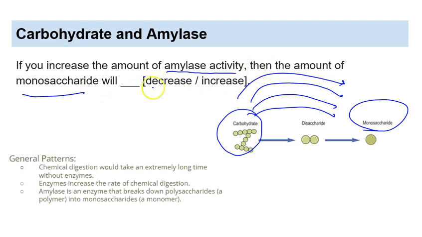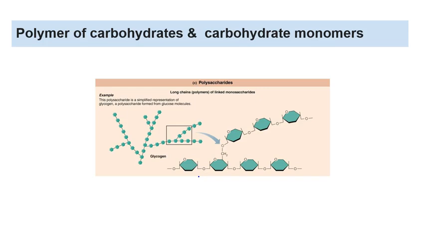So the amount of monosaccharide will increase. Because we know amylase is the enzyme breaking down polysaccharide into monosaccharide. More amylase activity, we would have more monosaccharide. Less amylase activity, we would have less monosaccharide.